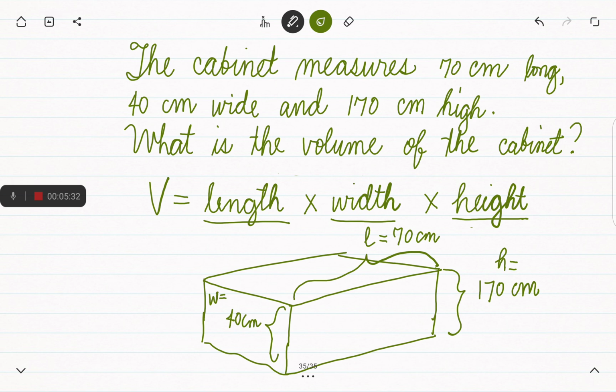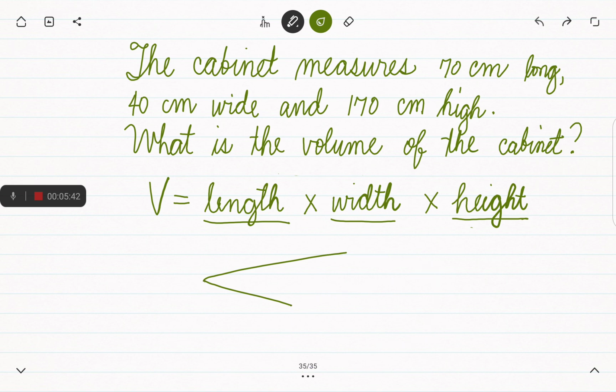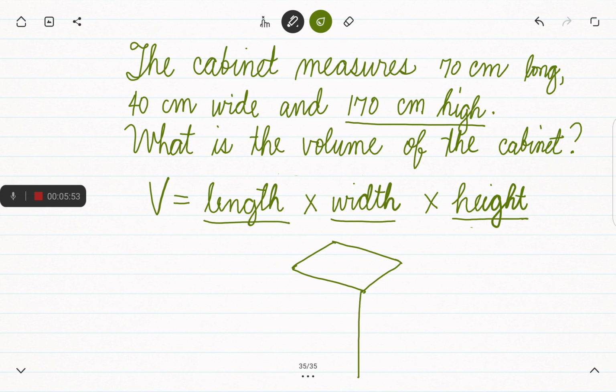Or maybe we'll try to do the illustration again because it's a bit confusing, no? Notice that your height is 170, so it should be longer.